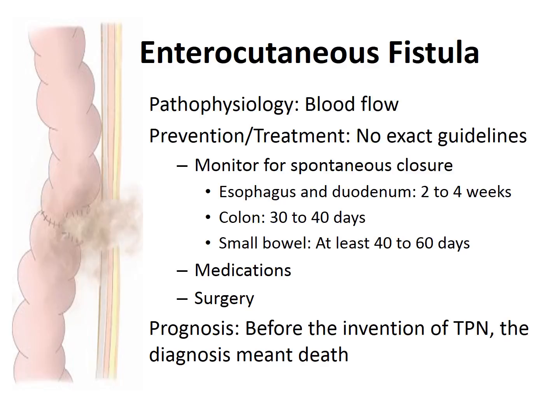It is noted here the time associated with various locations. For example, the esophagus and duodenum, they will monitor and hope for that spontaneous closure to occur in 2 to 4 weeks, while the colon, they will only monitor and would expect it to close within 30 to 40 days. Last, the small bowel, they would monitor for at least 40 to 60 days.